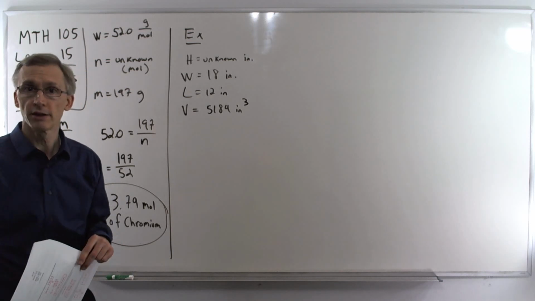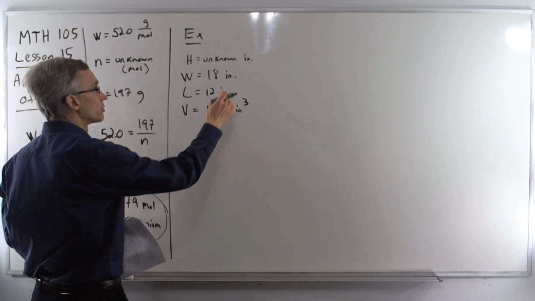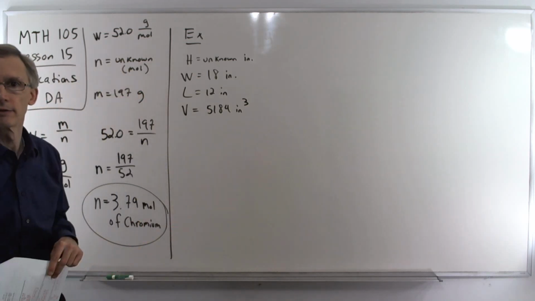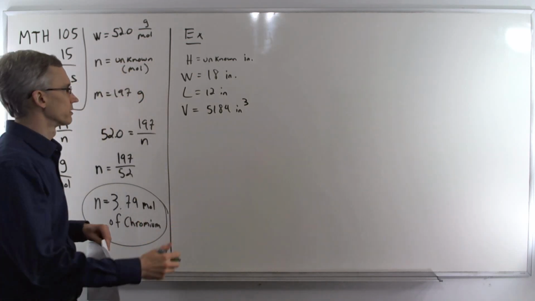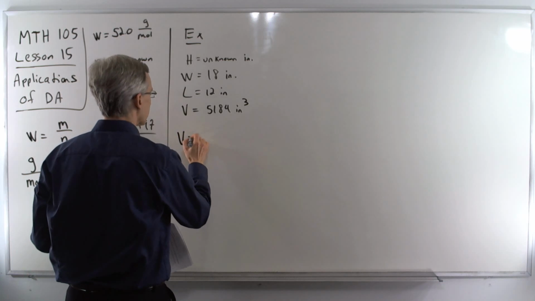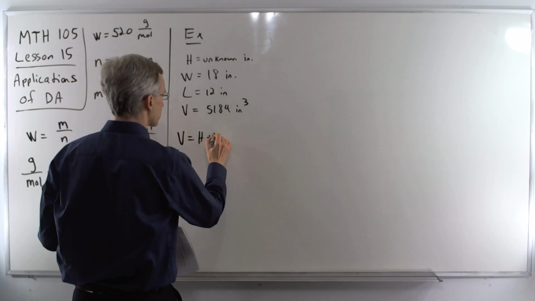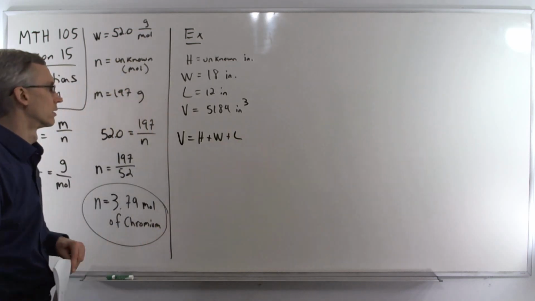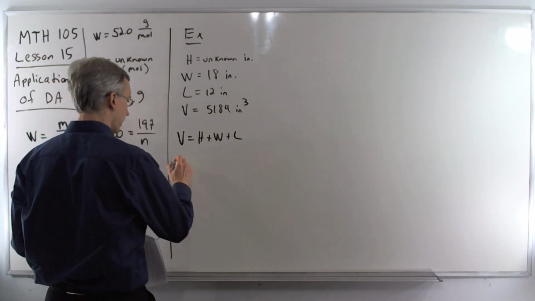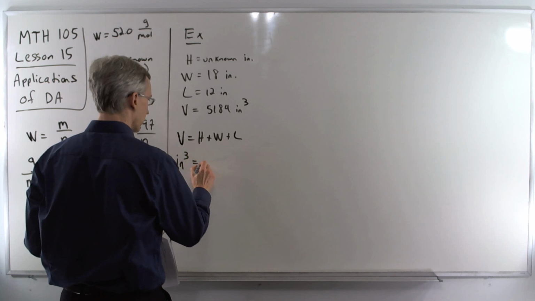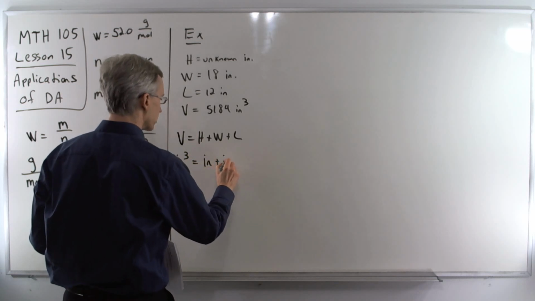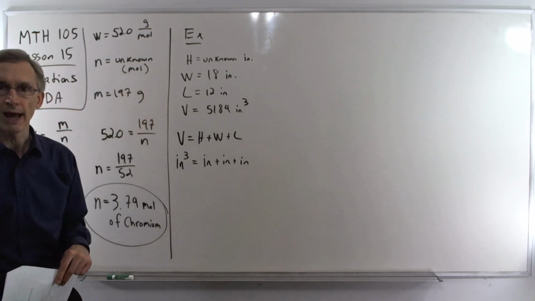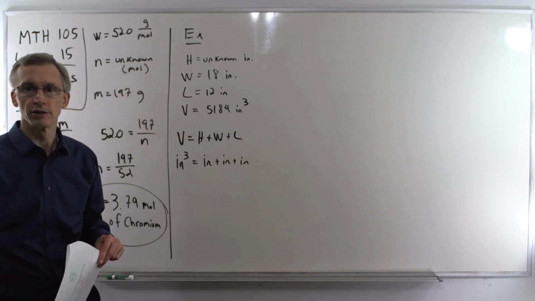Now, as I said in the introduction, if we have quantities with the same units, we can add or subtract them. Well, let's try adding them. Let's try V equals H plus W plus L. On the left we got inches to the third power equals inches plus inches plus inches. Now when we add things together, the units don't change.